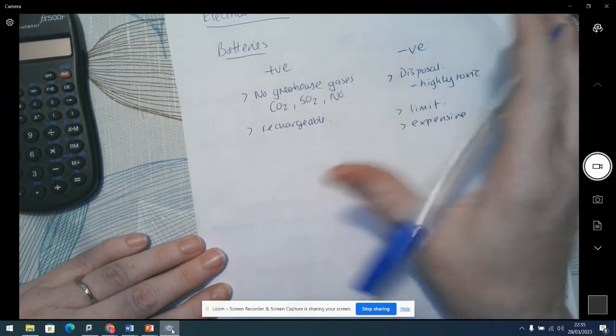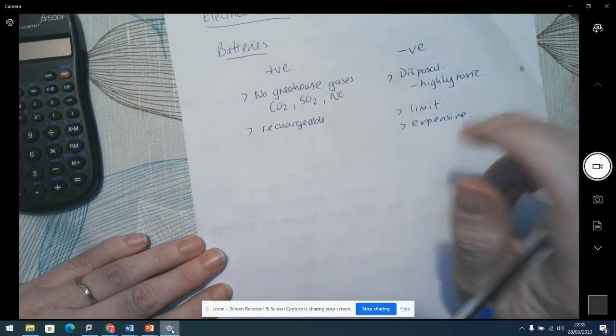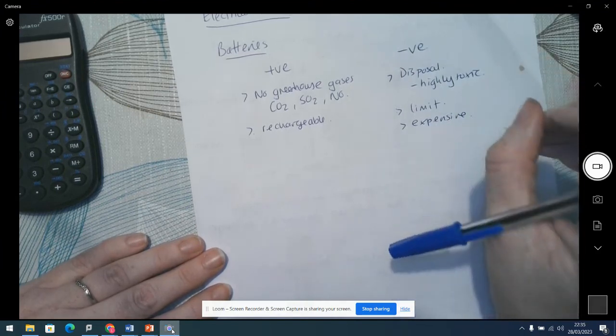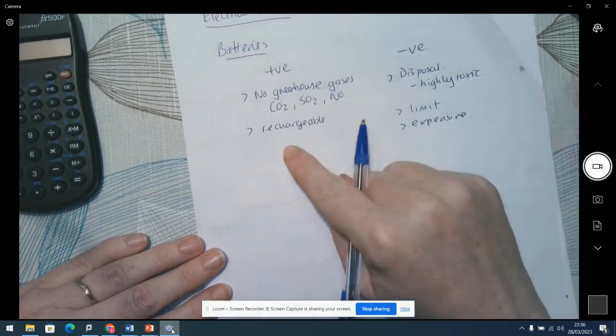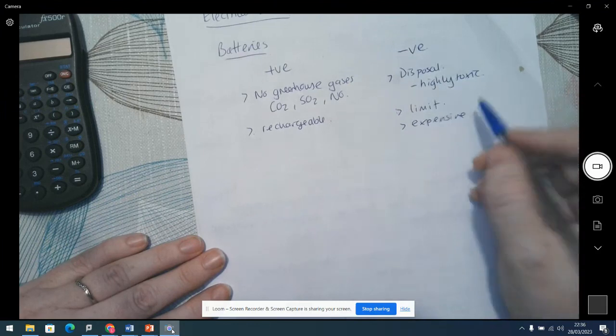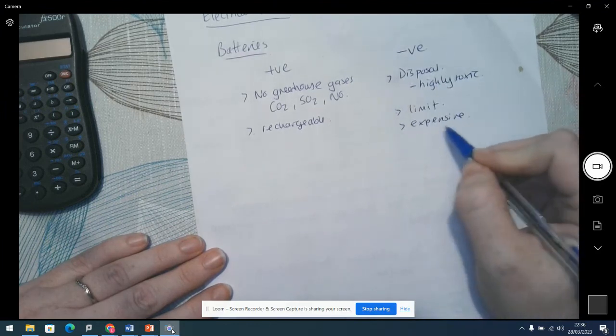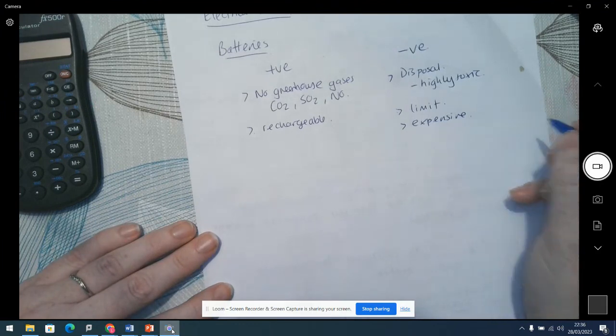Okay. So what I'm actually looking at here is conventional fuel cells. I mean, your conventional petrol-based cells that we'd use in the car compared to using battery-powered vehicles. So it can be negative in terms of it's expensive in the long run.